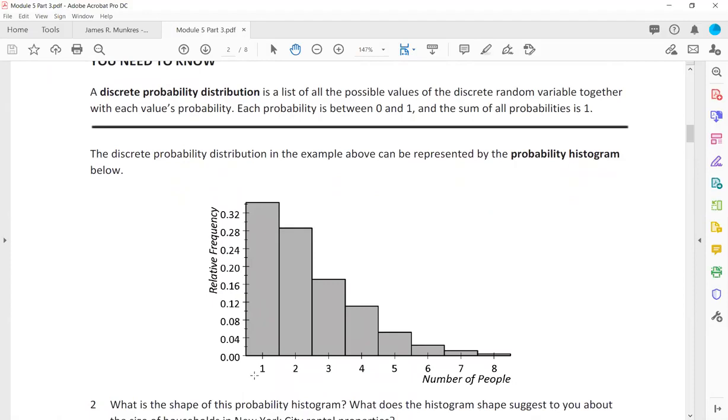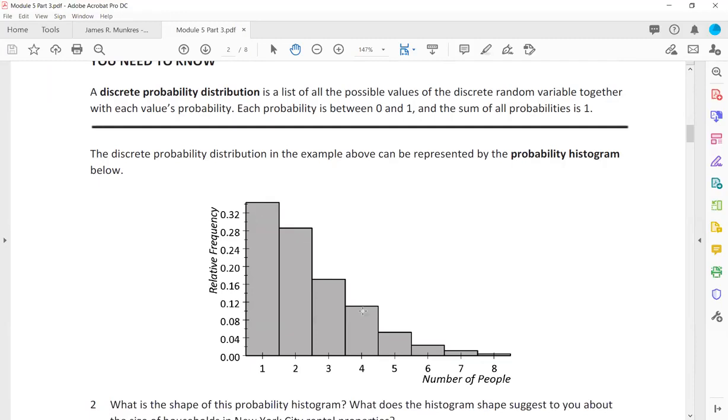The household size is equal to 1, and the probability that we have is 34.3%. The household size is 2, and the probability that we calculated was 28.6%. The household size is equal to 3, and the probability is 17.1%. The household size is equal to 4.